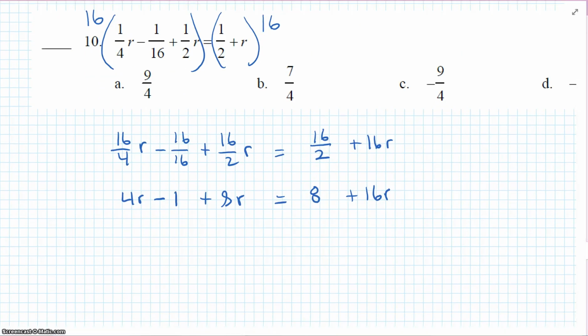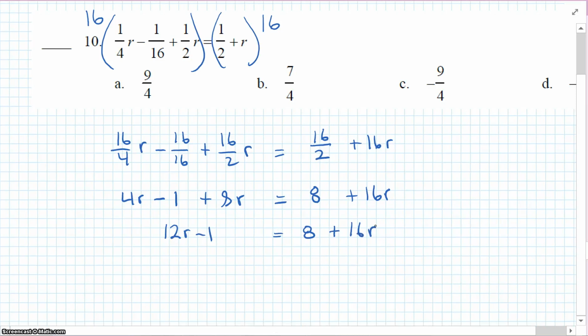Now we just sum like terms and we solve. So let's go ahead and rewrite this as 12R minus 1 equals 8 plus 16R. It really doesn't matter how we do it.